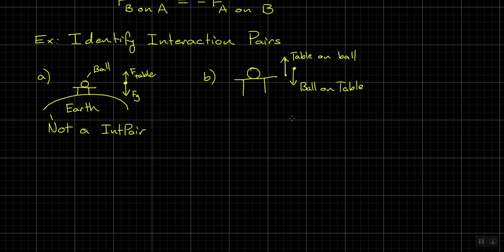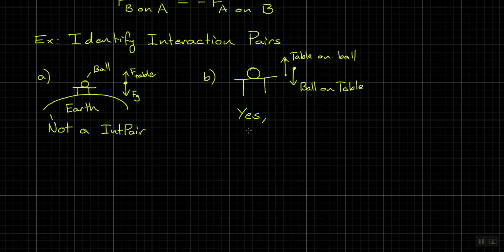In this situation, do we have an interaction pair? We do here, and I'll make sure, because I see people that maybe still don't think so. I'm going to say yes, and I'm just going to say B for ball and T for table, okay? If we look at this, T for table, and, whoa, yeah. So this is where it gets weird because I've written this. This is the force of the table pushing up, and the force of the ball is pulling down, right? So check it out.